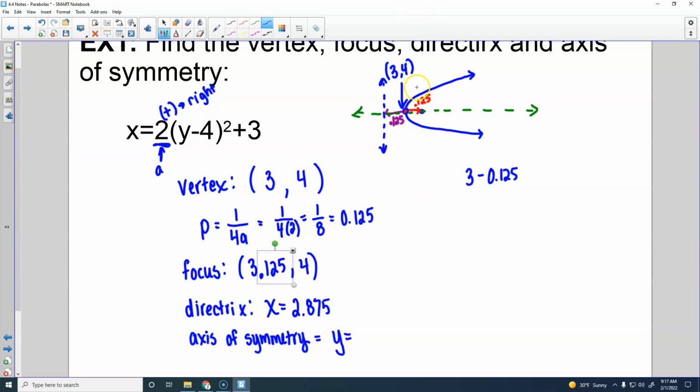Oh, excuse me, 4 is our y coordinate, so it's going to be y equals 4. Okay, questions? All right.